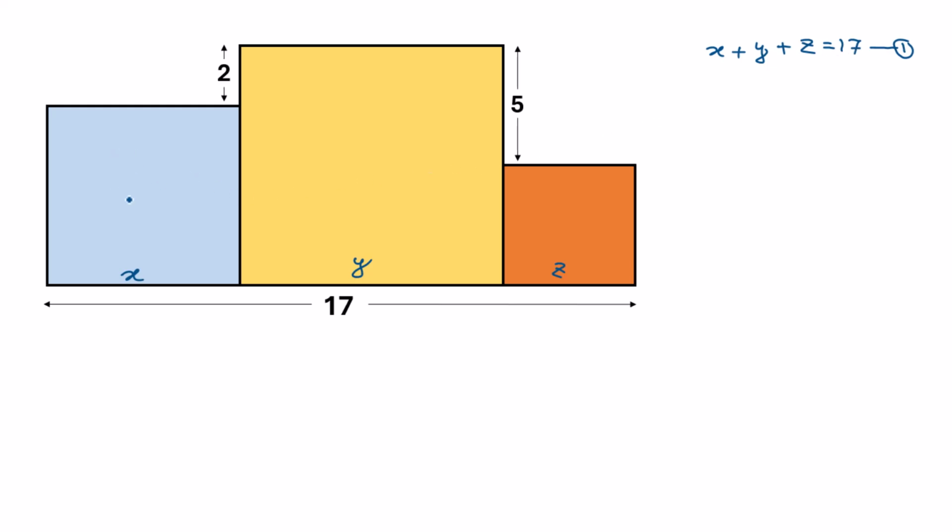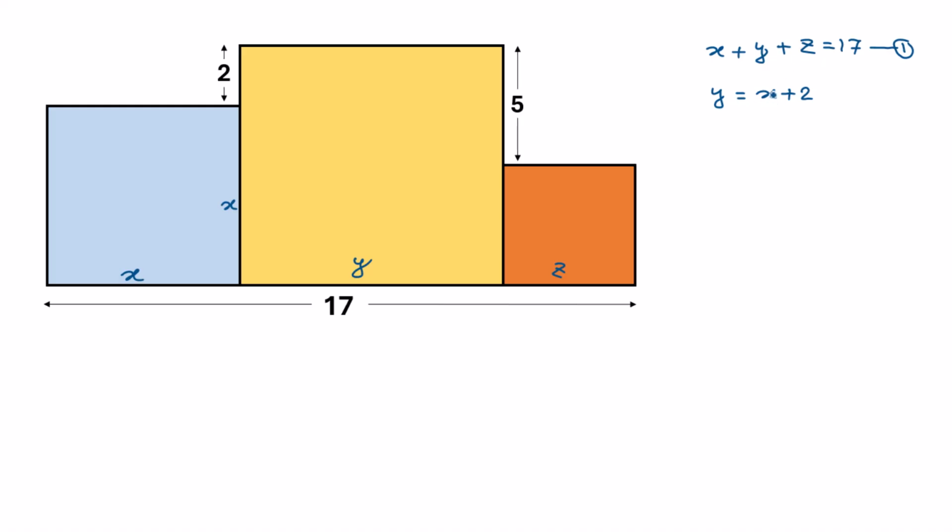Now the length of this square is x unit, so this length will be x unit. So this 2 plus this x is the length of this yellow square, which is y. So we can write y is equal to x plus 2.